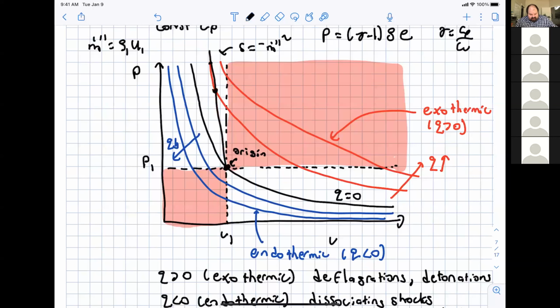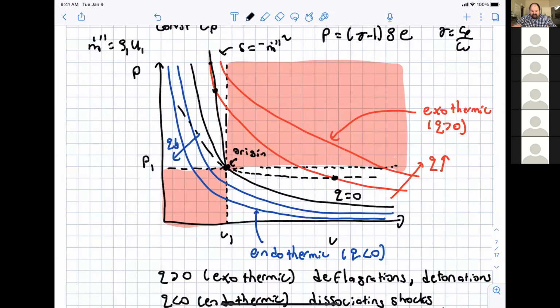For a flame, you could have a Rayleigh line go like this, and the solution would be at this point here. For an endothermic case, you could have your solution point right there. But in every case, the solution is wherever the Rayleigh line and the product Hugoniot intersect.